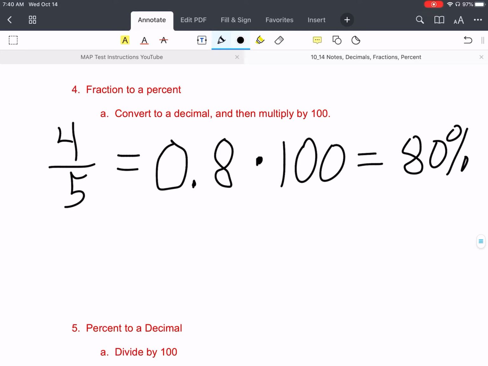If we had one, like, trying to think, let's go 13/20, we would use long division.